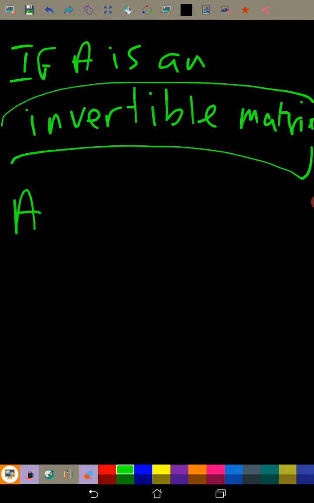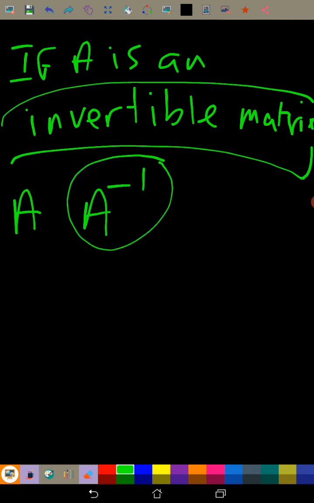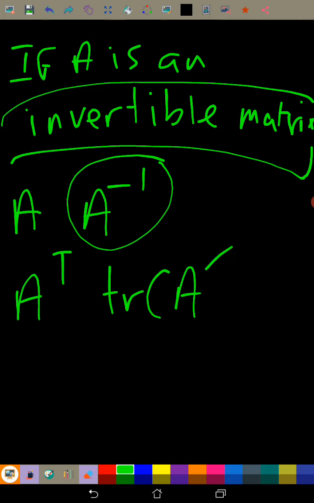This is a matrix A. If you want to invert it, it's denoted like this. A transpose is denoted like this, and trace A is denoted like this. So now you know how to denote the same matrix but transformed: transpose, inverse, and so on.